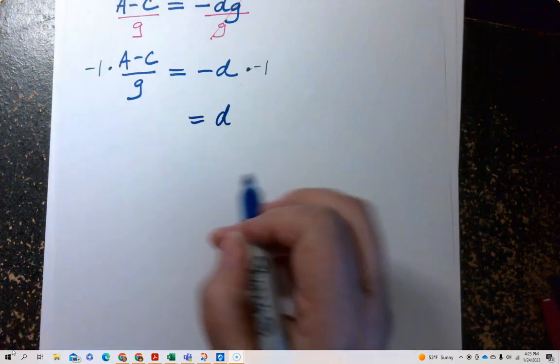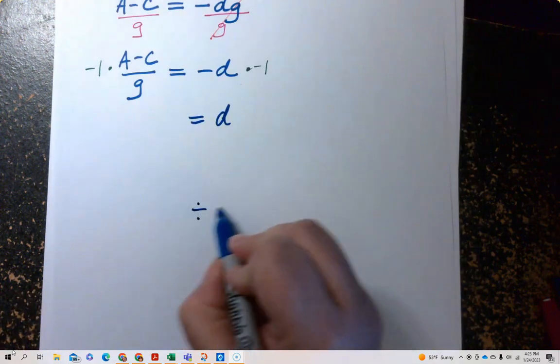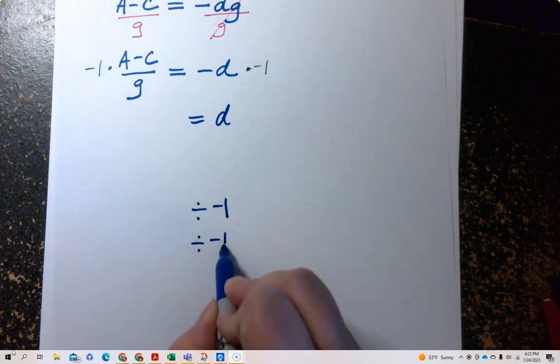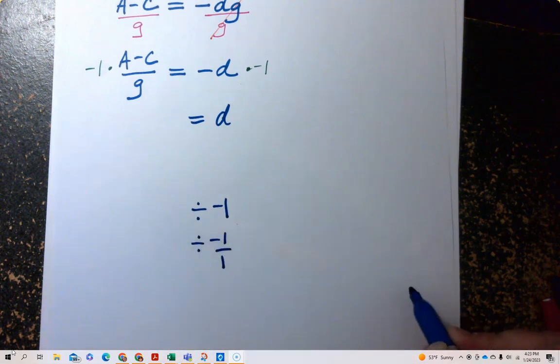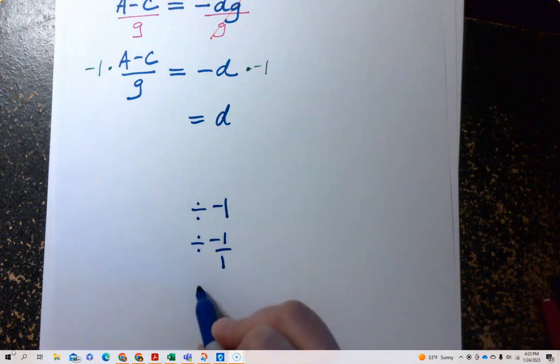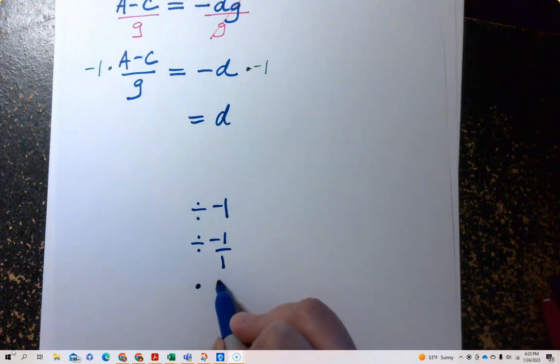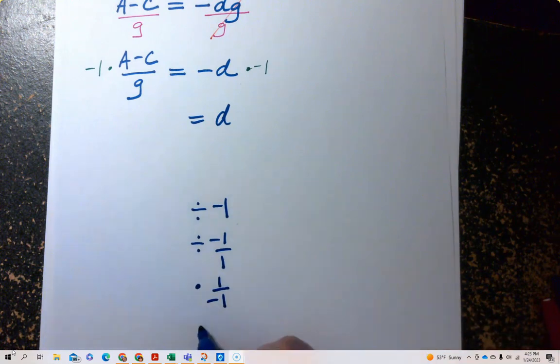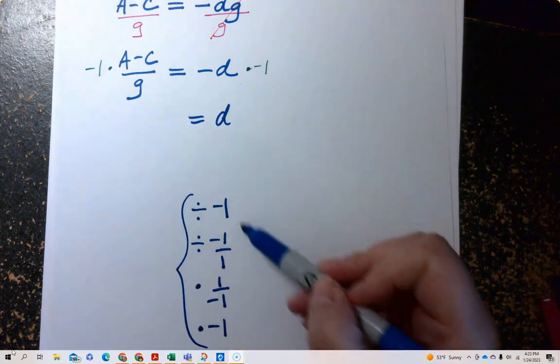If you divide by negative 1, that's like dividing by negative 1 over 1. And when you divide by a fraction, that's the same as multiplying by its reciprocal. Multiplying by 1 over negative 1 is the same as multiplying by negative 1. So all of these are the same.